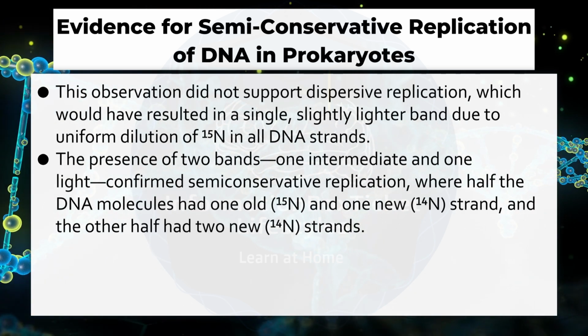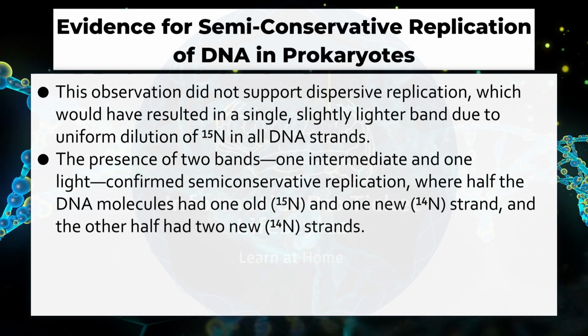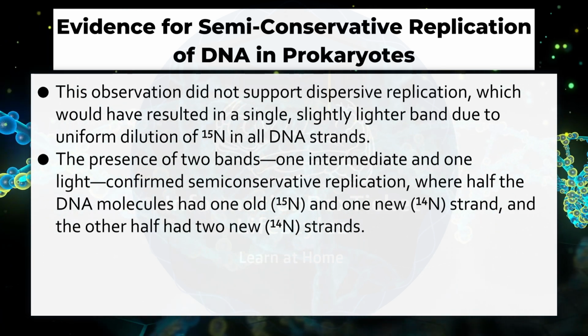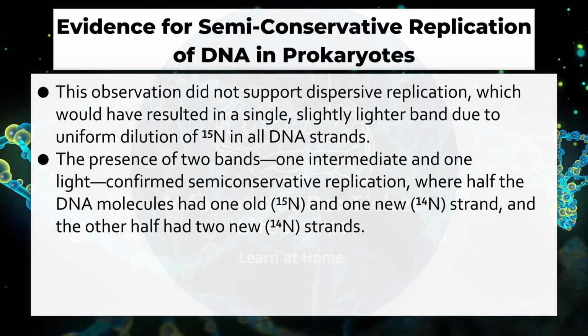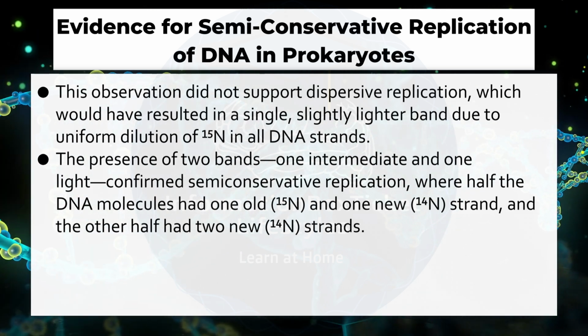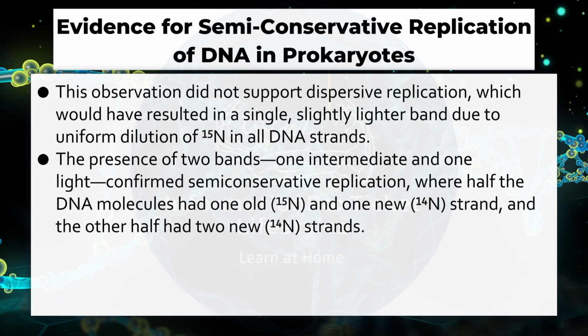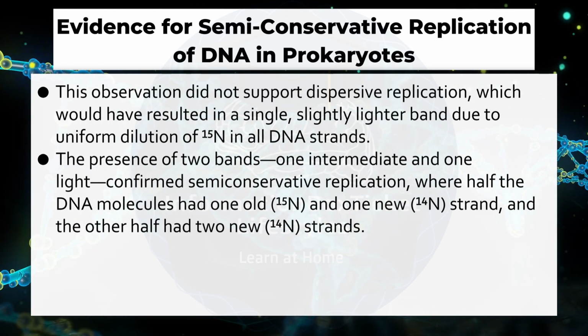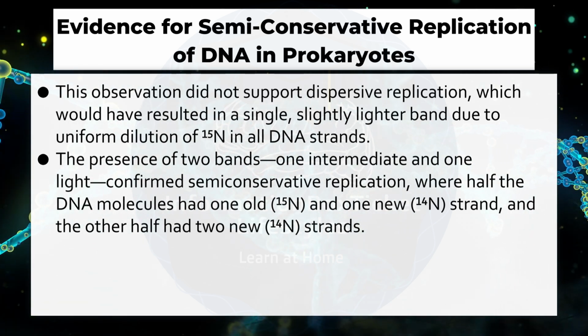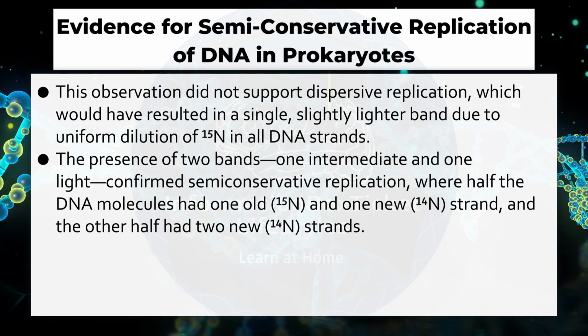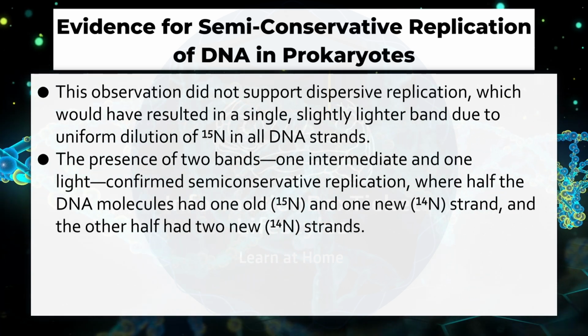The presence of 2 bands, one intermediate and one light, confirmed semiconservative replication, where half the DNA molecules had one old, 15N, and one new, 14N strand, and the other half had two new, 14N strands.